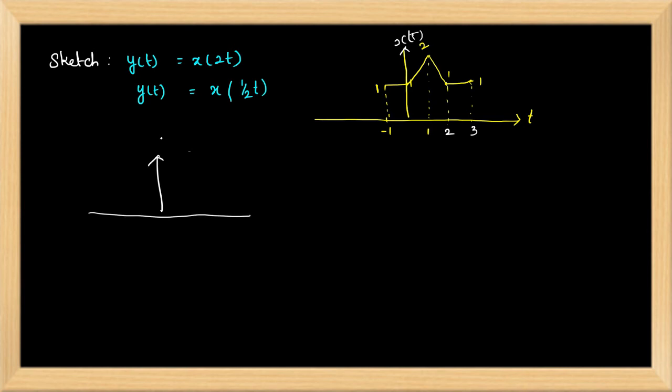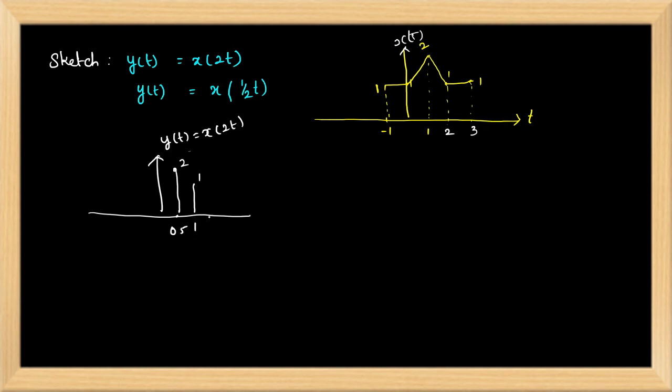For the signal y of t equal to x of 2t, for every 1 second of x of t, our y of t will have half a second. So we will have 0.5, 2 becomes 1, and so on.